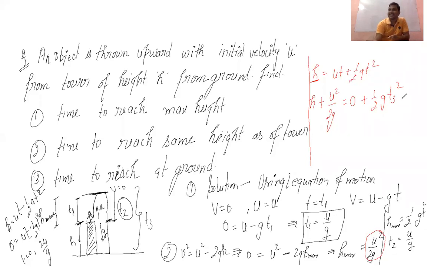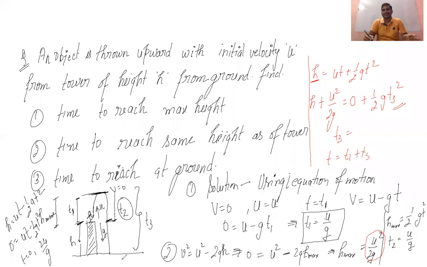In this way you can find out t3 here. Can you find t3? If you find t3 from here, the total time will be your t1 plus t3. This will be the time taken by this object to reach the ground.